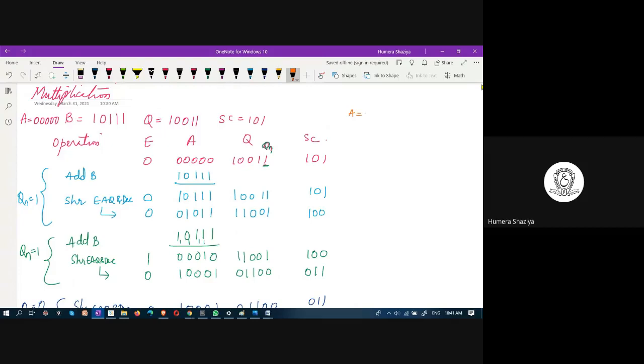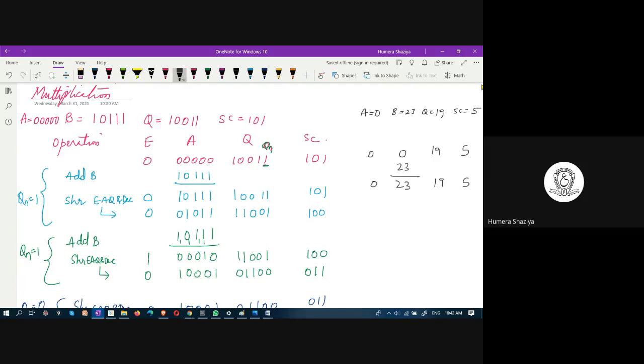A is 0, B 23, Q 19, SC 5. E is 0, A is 0, Q is 19, SC is 5. After adding 23, this would be 23, this would be 0, this would be 19, this would be 5.